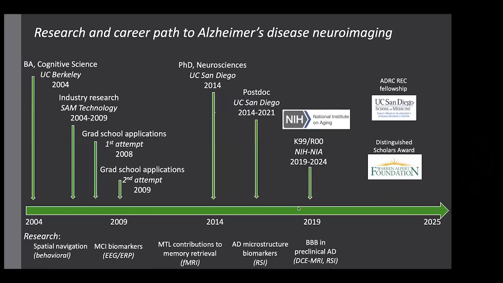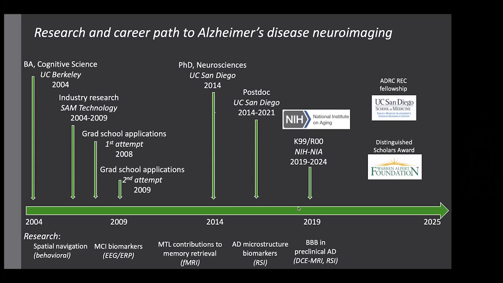Okay, so at this point, I was really excited about the diffusion MRI work we had been doing. At the same time, I had developed an interest in some modifiable risk factors, particularly vascular risk factors. And so I wondered what's going on in terms of vascular dysfunction in the brain.